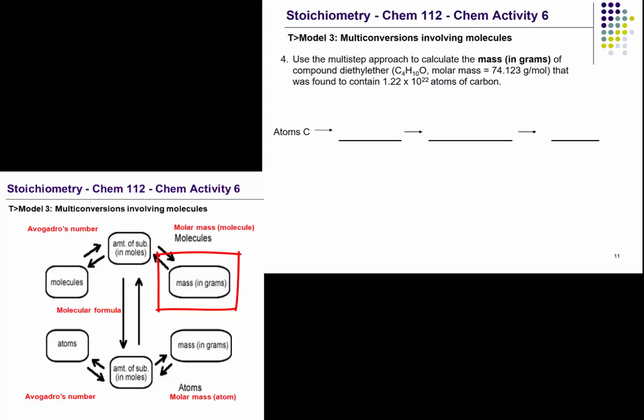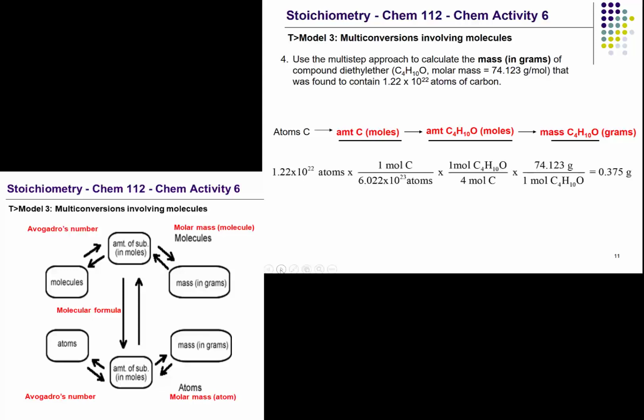So this is reflected in the following unit plan. Atoms of carbon, the amount of carbon, the amount of our diethyl ether, and then finally our mass of diethyl ether. Once you've made that unit plan, then the calculation, hopefully, is straightforward to you. Here are the number of atoms. Here's the conversion to the moles of carbon, or the amount of carbon.